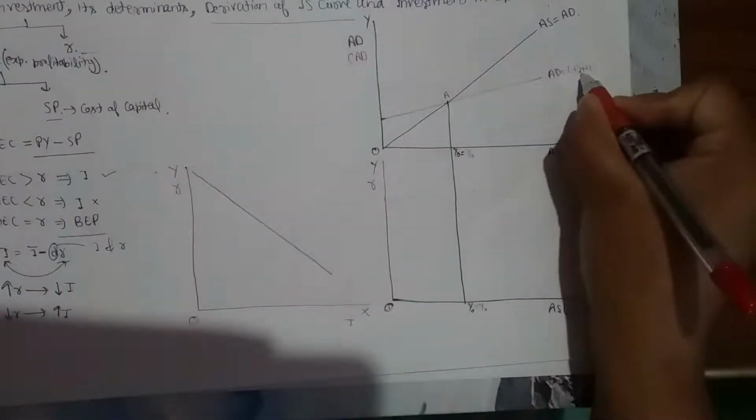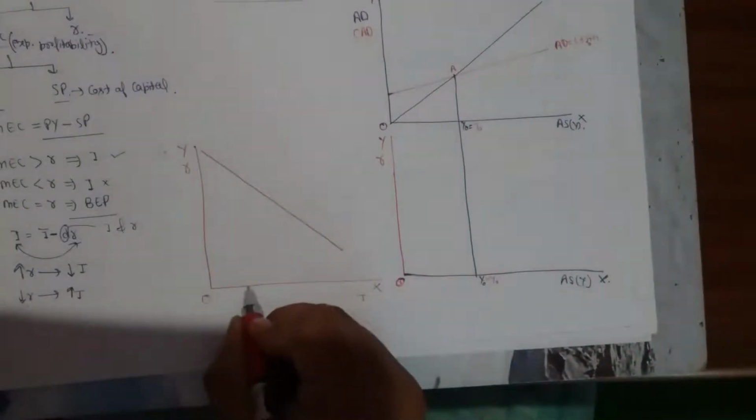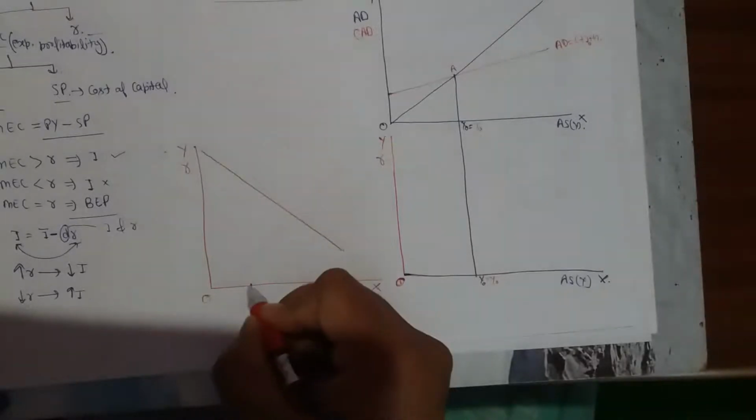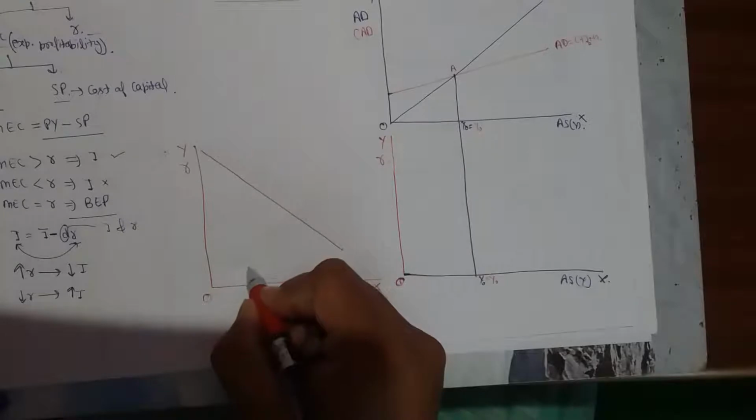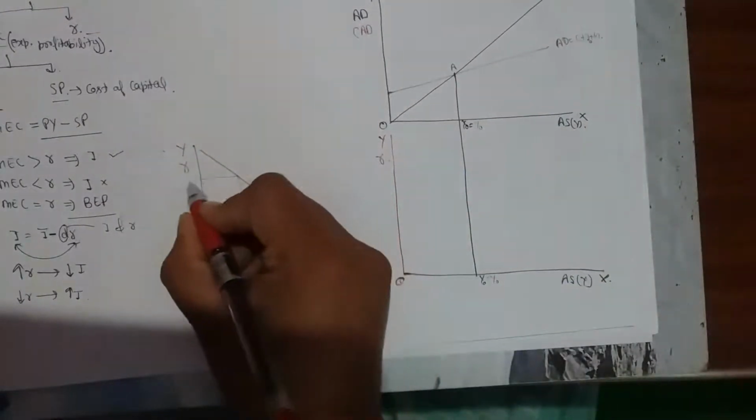Here the investment is I0. If we plot this I0 on this diagram, at this point of investment the rate of interest is R0.